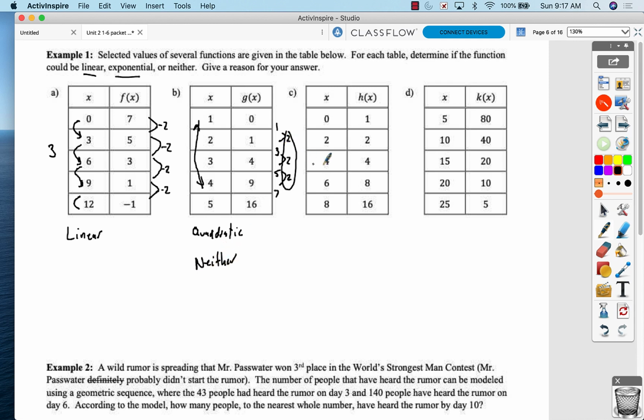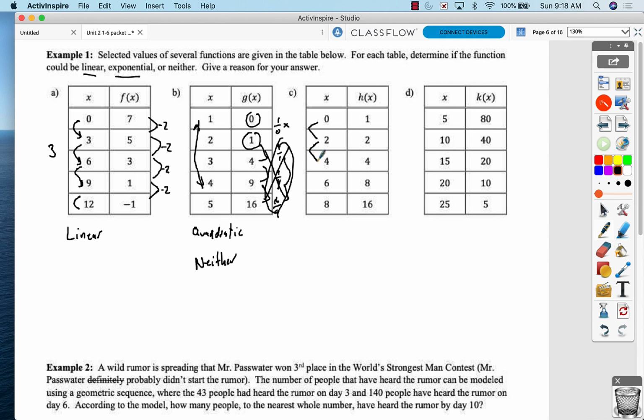The way you test if it's exponential, you go to the second term and divide by the first term. This is not even defined, so that's not even good. So you do the 4 divided by 1, the 9 divided by 4, and the 16 divided by 9. And you look to see, are these all the same? They're not. So it's not exponential.